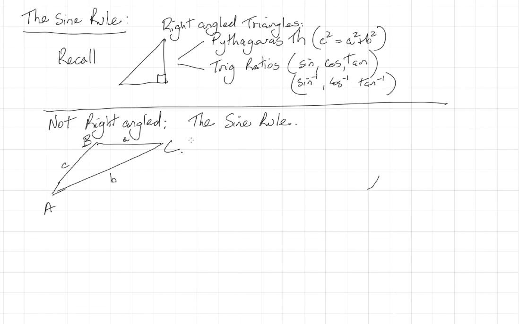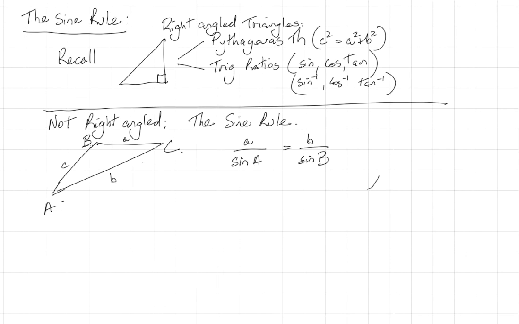And the sine rule says that the length of side A over the sine of angle A is B over sine B. So the length of that side divided by the sine of that angle equals the length of B over the sine of B. Notice that this is not a right angle triangle, so this is not a hypotenuse, even though it is opposite the largest angle.